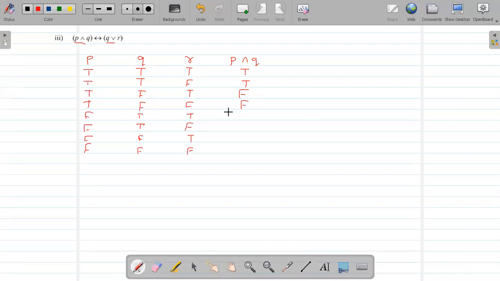False, false, true: false. So only the starting row is true and the rest will be false. Similarly the second bracket: Q implies not, Q conjunction R. So Q conjunction R: true, true: true. And what happens in the case of disjunction, by the way? Do you remember what happens in the case of disjunction? Can anybody tell me?